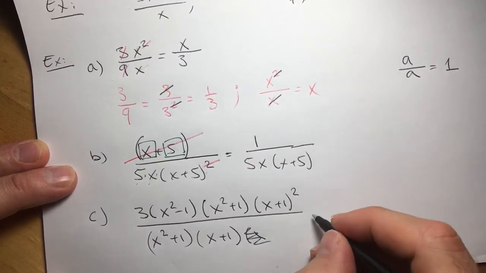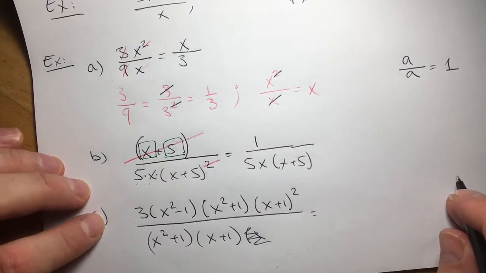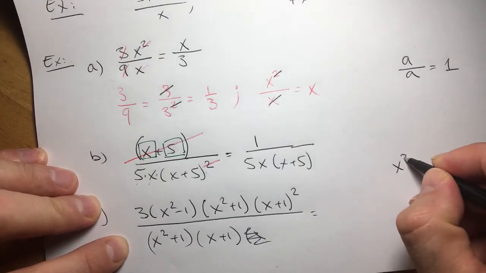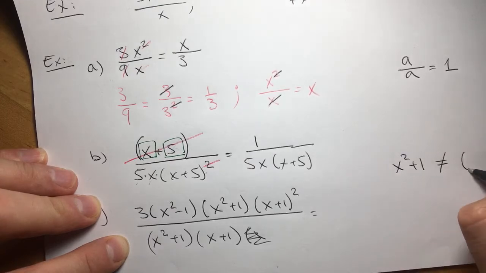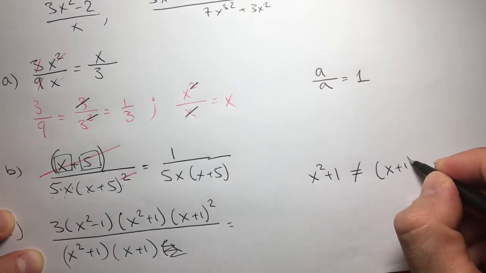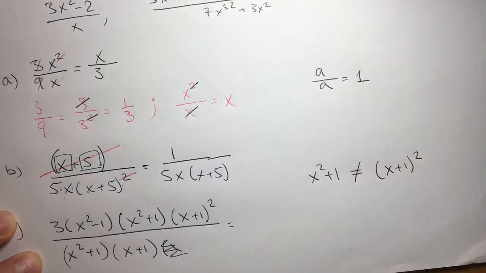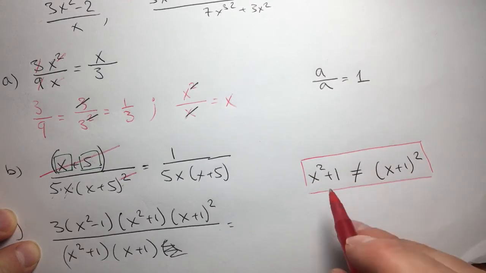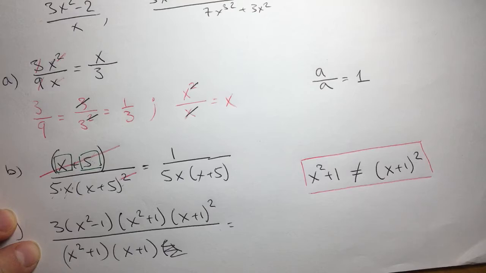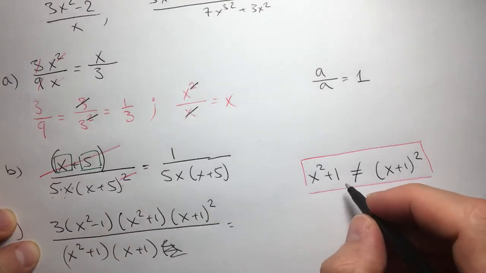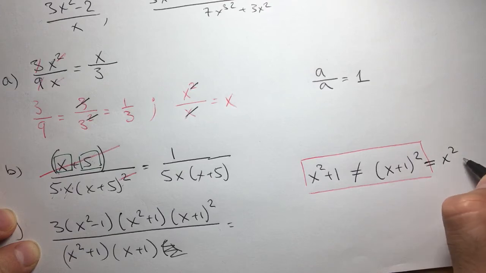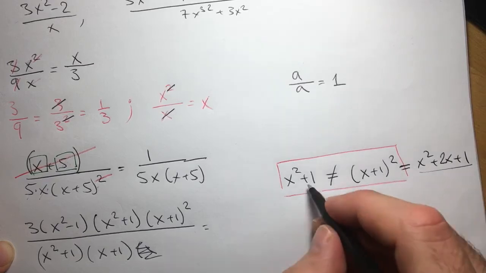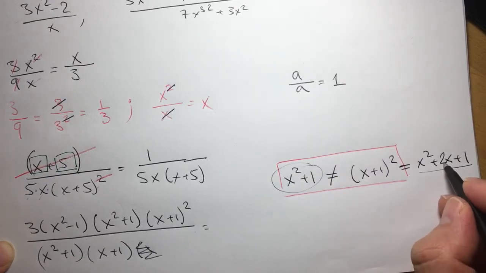I give you this example just to be able to differentiate between x squared plus 1 and x plus 1 squared. Few of you will make this mistake in Cal 1, so that's why I'm writing it here. X squared plus 1 is not equal to x plus 1 squared, because x plus 1 squared is x squared plus 2x plus 1. Obviously this term 2x is not here.